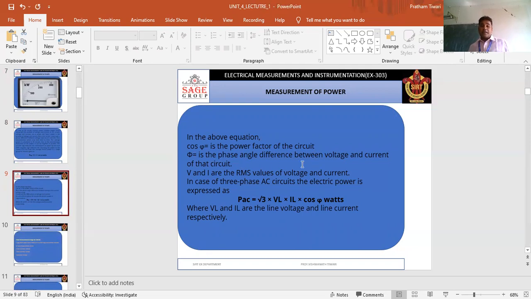Phi is the phase angle difference between voltage and current of the circuit. V and I are the RMS values of voltage and current. In case of a three-phase AC circuit, the electric power is expressed as P AC equal to root 3 VL IL cos phi, where VL is the line voltage and IL is the line current, or in other words, VL is the load voltage and IL is the load current.